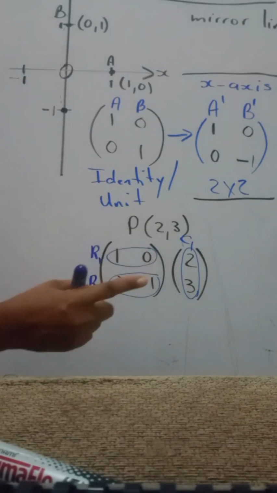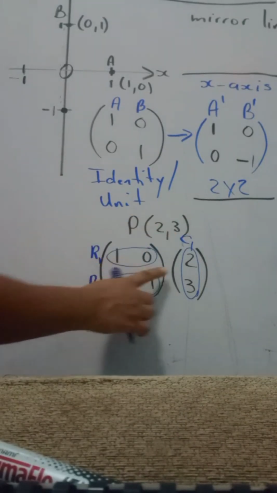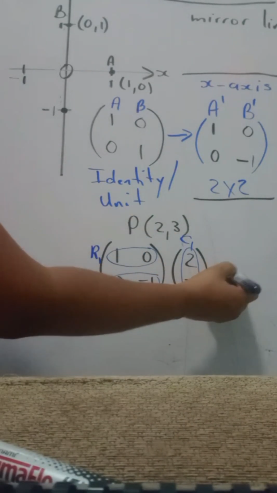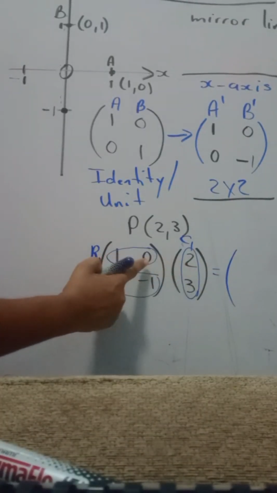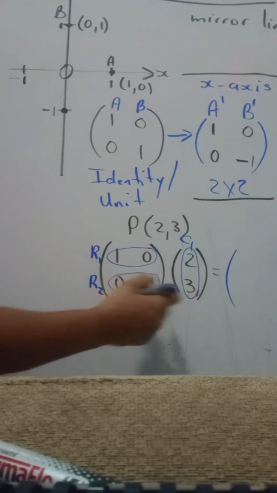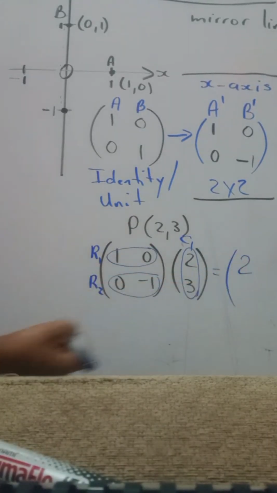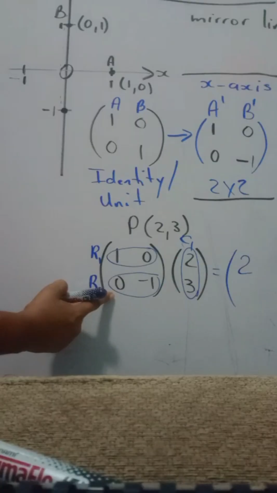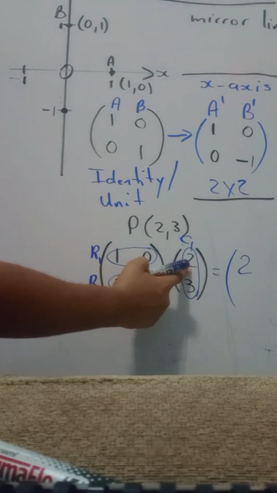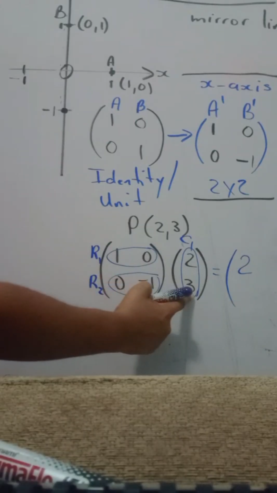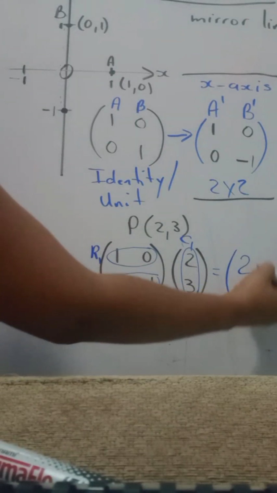This is just a single point. So I'll use row 1 to multiply column 1. What will I obtain? 1 times 2, that's 2, plus 0 times 3, still 0. So the first number would have been 2. Row 2 times column 1, 0 times 2, that's still 0. Negative 1 times 3, that's negative 3.